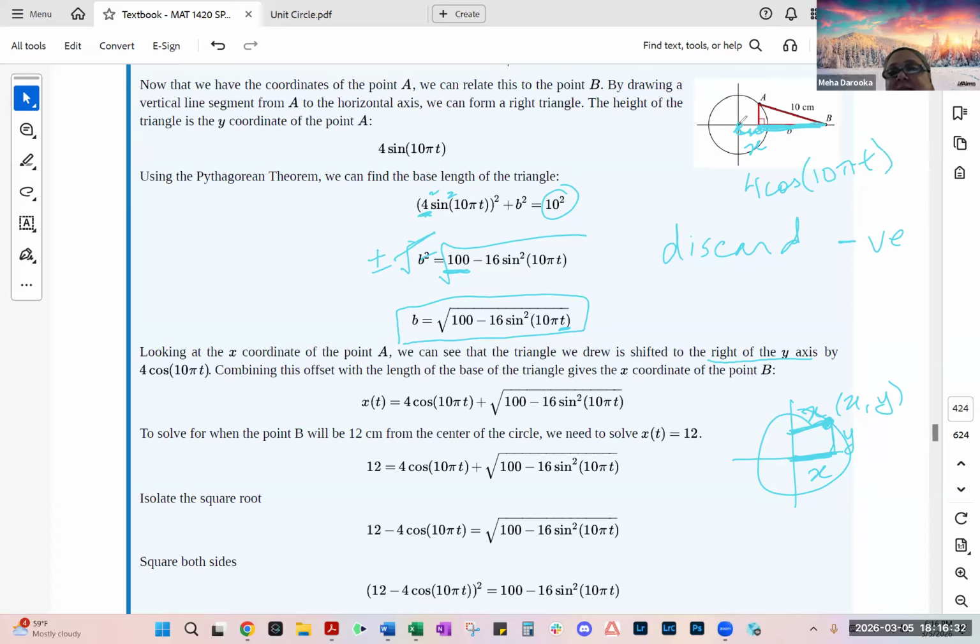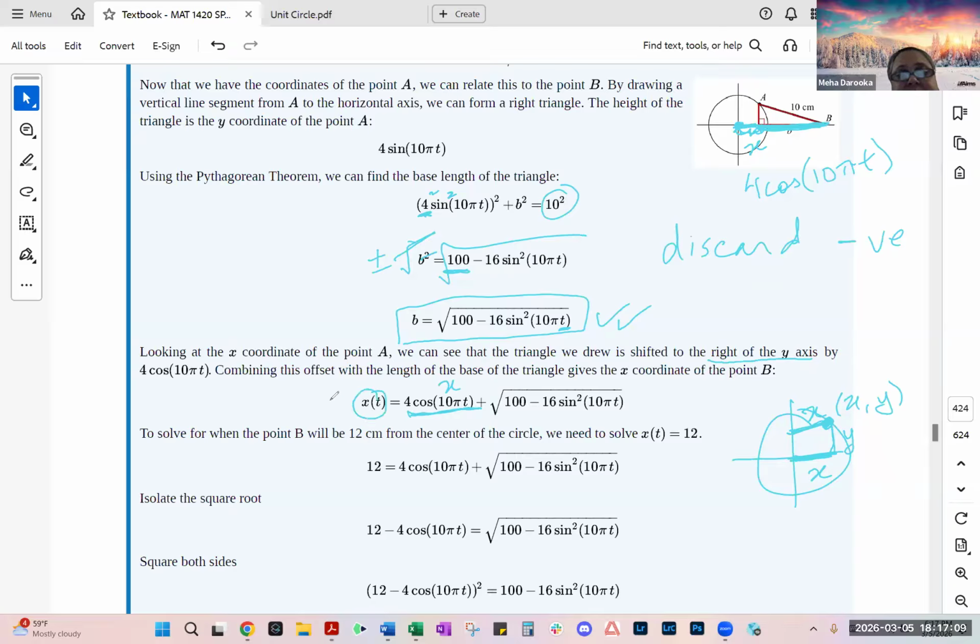So to find the distance from the center of the circle to point B, you take that distance from the right triangle, which is of course the B value here, and then add that distance between the center of the circle to where the triangle begins. That's the x coordinate from our point A. When we put that together, we will know the distance from the center of the circle to point B. And remember, our question asked us, when will point B be at a distance of 12 centimeters from the center?